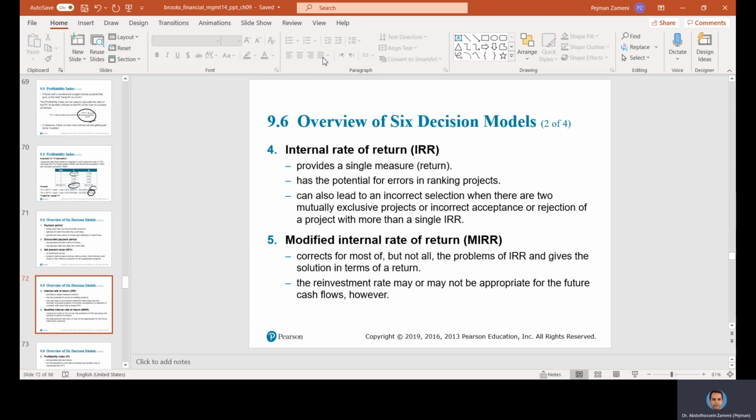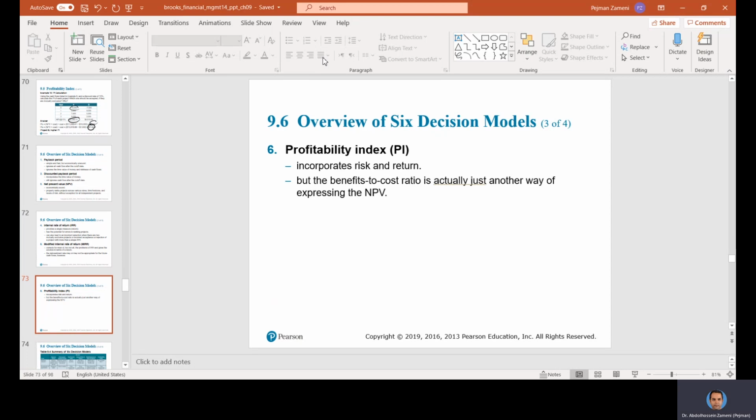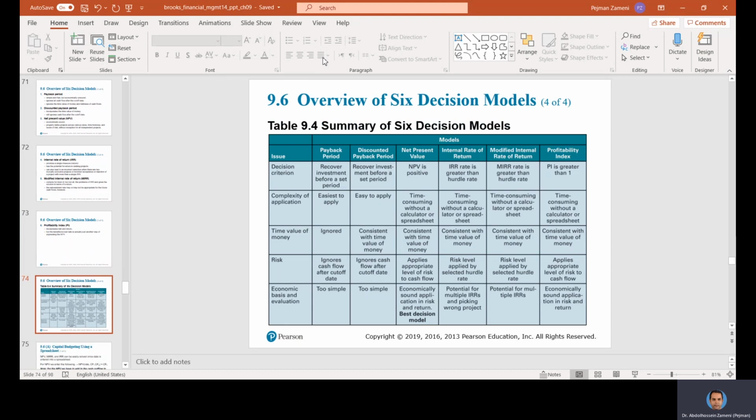MIRR corrects for most of, but not all, the problems of IRR and gives the solution in terms of a return. The reinvestment rate may or may not be appropriate for the future cash flows. However, the PI incorporates risk and return, but the benefit-to-cost ratio is actually just another way of expressing the NPV. Okay, here also puts everything, all the pros and cons, in a table for you.